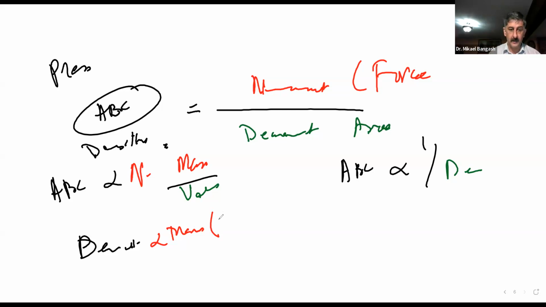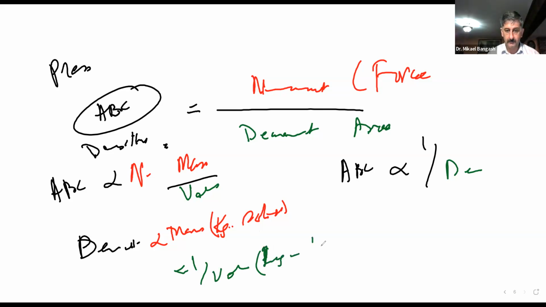Mass is something that we use when we measure solids. But density is inversely proportional to volume, which is a quantitative measurement of things which would be liquids or gases. Clear?